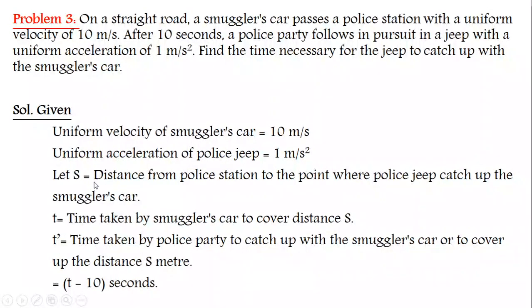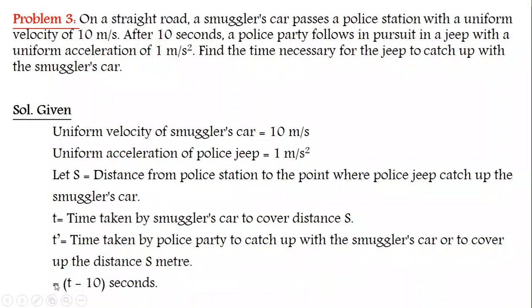Let s equal the distance from the police station to the point where the police jeep catches up with the smuggler car. Time t equals the time taken by the smuggler car to cover the distance s. And t dash equals the time taken by the police party to catch up with the smuggler car, covering the distance s meters.